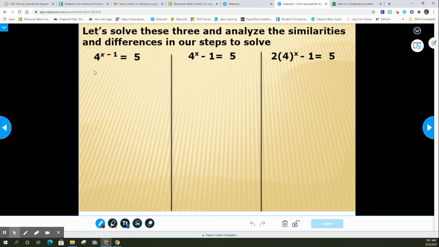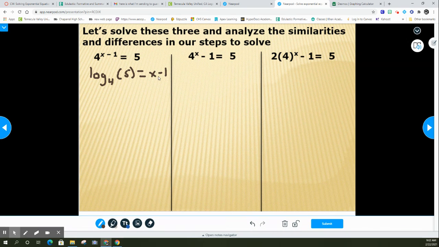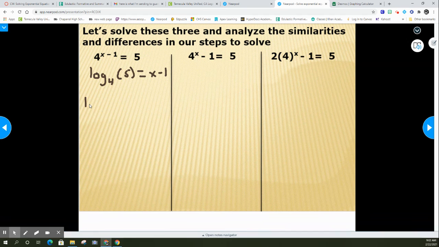So I could rewrite this as log base 4 of 5 equals x minus 1. And now you have to add the 1. So my answer: log base 4 of 5 plus 1 equals x.